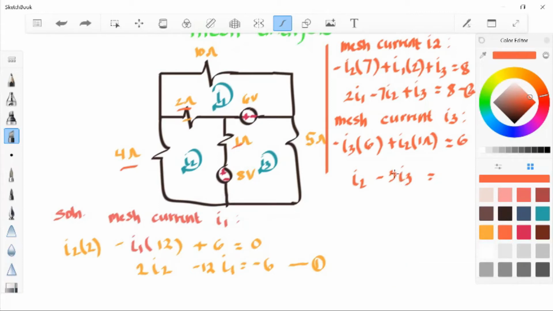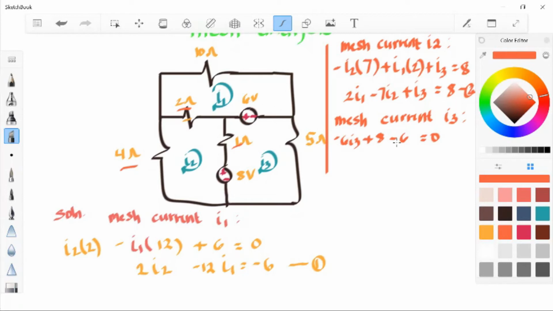Oops, but there is a correction. There are two voltage sources in this loop. Therefore, let's write it again: negative 6 I3. It enters at the negative side and leaves at the positive side, therefore this is positive 8. Again, it leaves at the negative side, therefore this is negative 6, equal to 0.